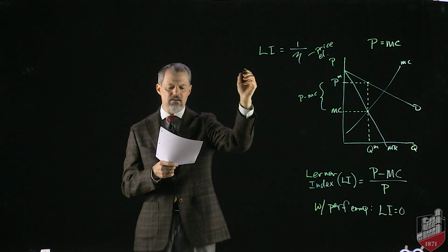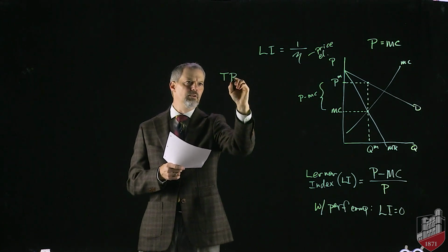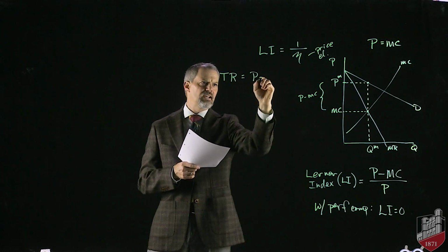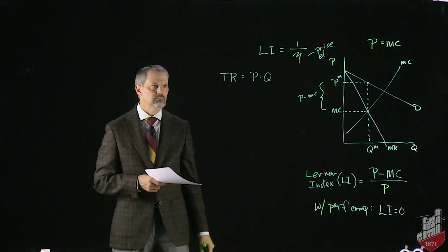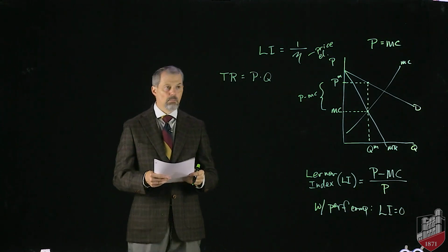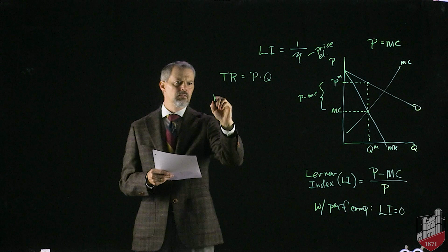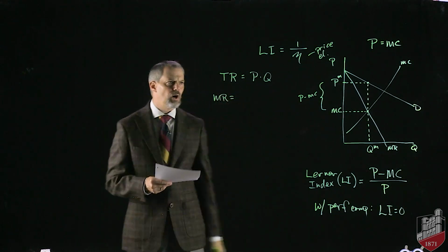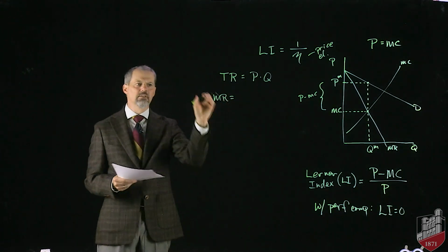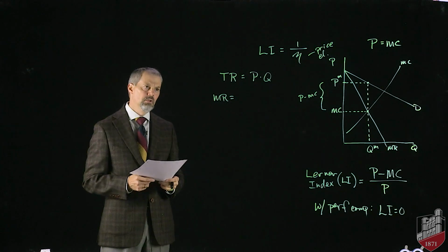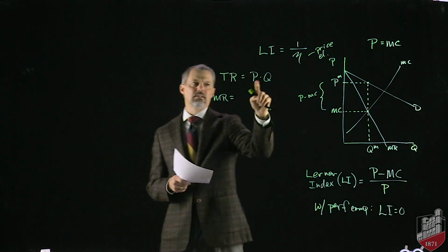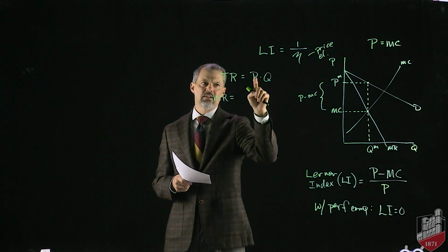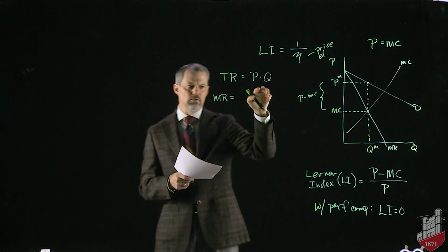So if we think about total revenue, it's going to be price times quantity. Marginal revenue, all we have to do is take the derivative of that with respect to Q. Now this is a product, right? So we have to use the product rule for taking a derivative.